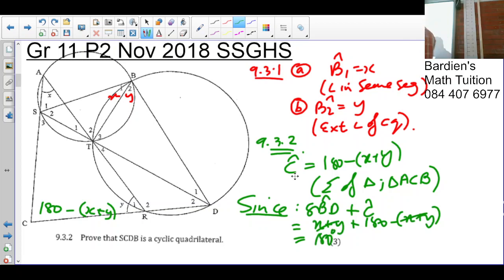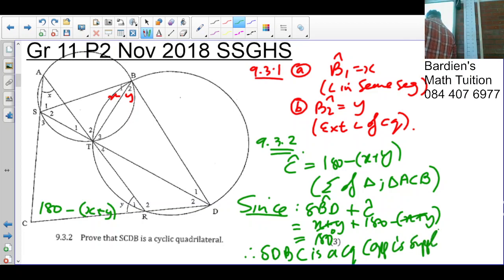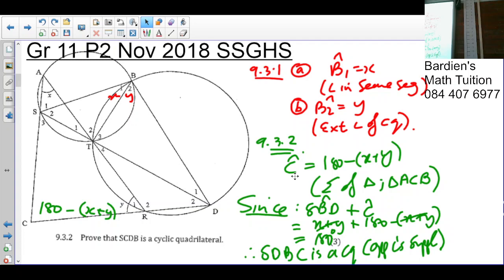Opposite angles are supplementary. Therefore SBDC is a cyclic quad. Why? Because the opposite angles are supplementary. So all cyclic quadrilateral properties are evident now in the quad SBDC. Does this make sense?